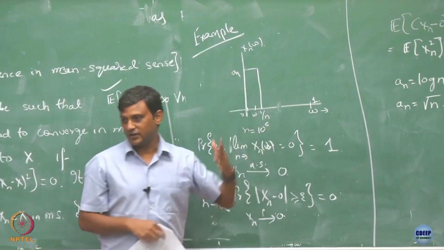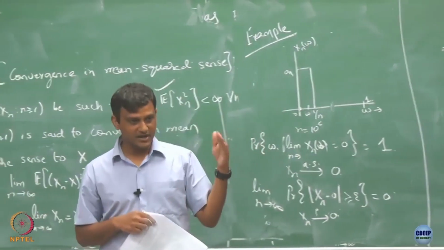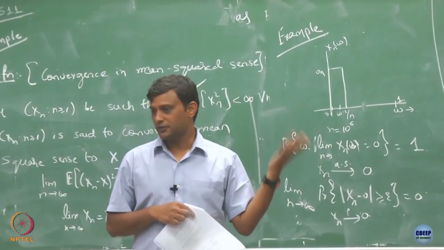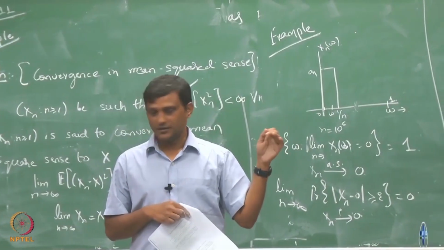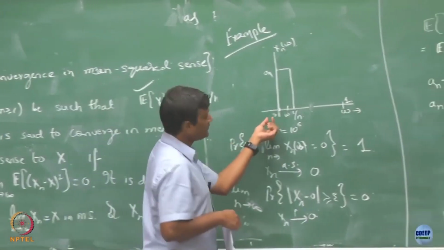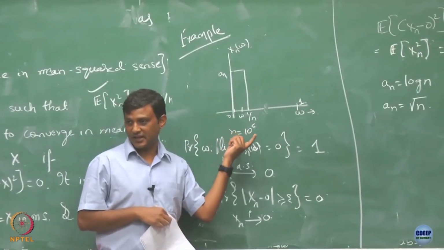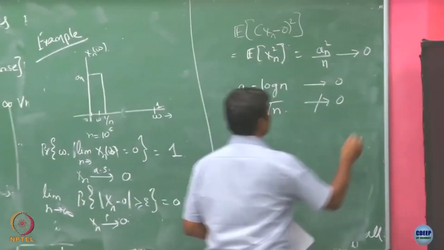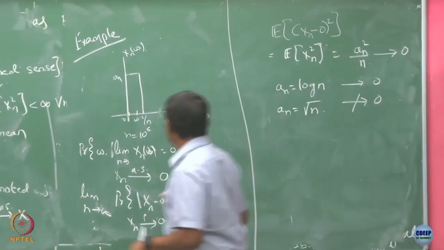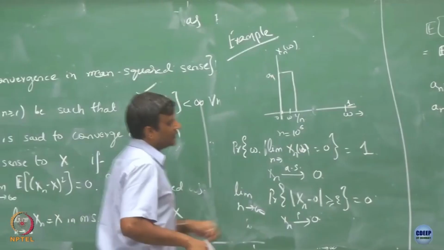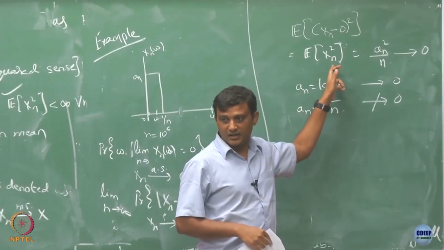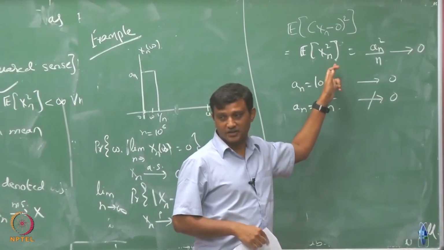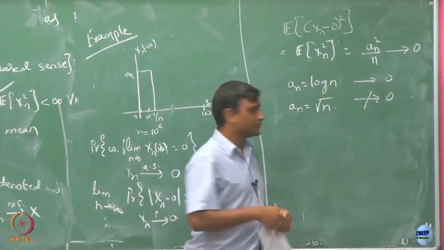Let us say your chance of winning a lottery is 1 in a million, but if you win you get a million rupees. In that case the value is still high. So here, as you see, whether it converges in mean square sense or not depends on the sequence an.